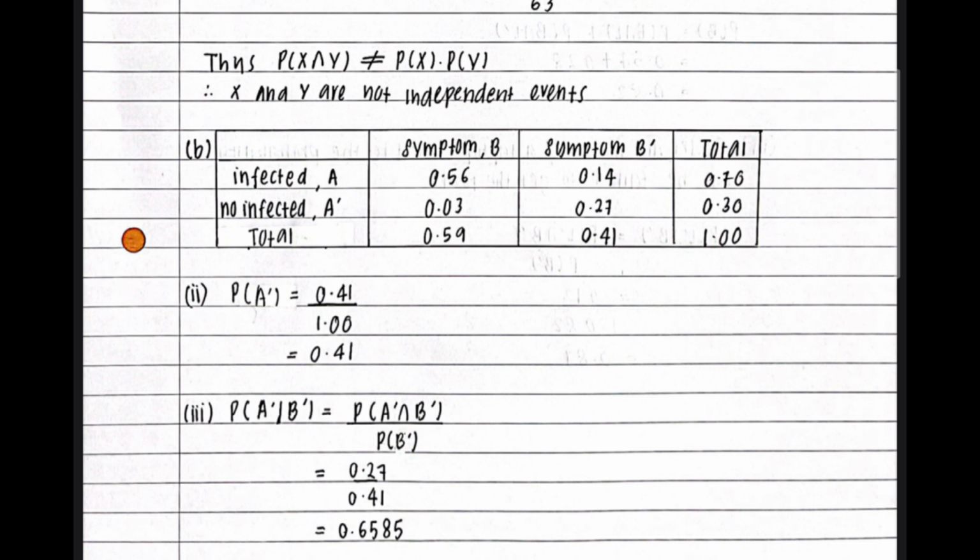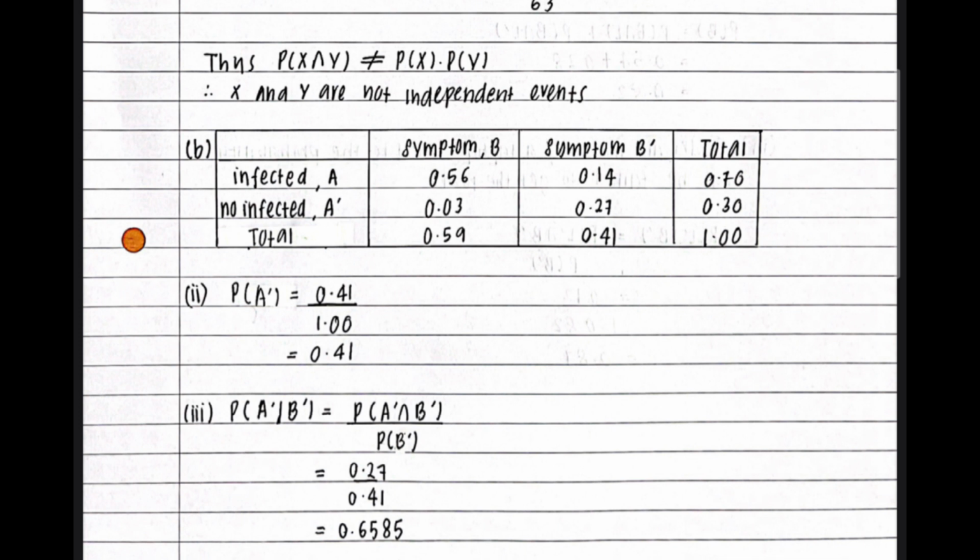For people with no symptom B prime, the probability of infected A is 0.14. Meanwhile, for non-infected A prime, the probability is 0.27. The total probability for people with no symptom B prime is 0.41.